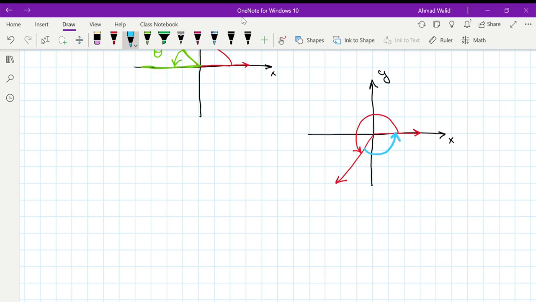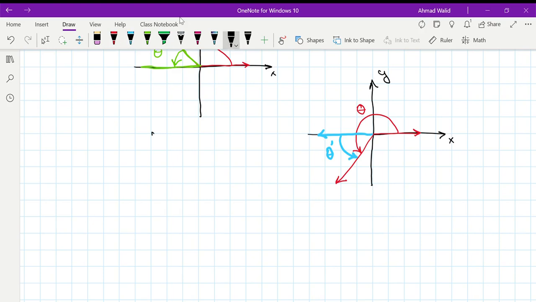No, actually not, because you have to focus on the terminal side, correct? One side of theta prime should be the x-axis, which is this, and it's also a positive angle, correct? Then if the red one is theta, the blue will be theta prime, the reference angle to theta, correct?